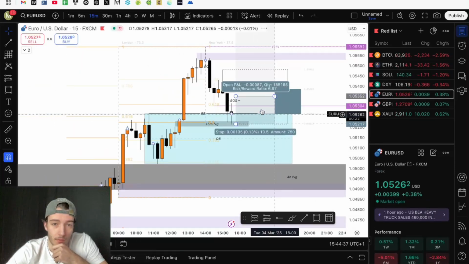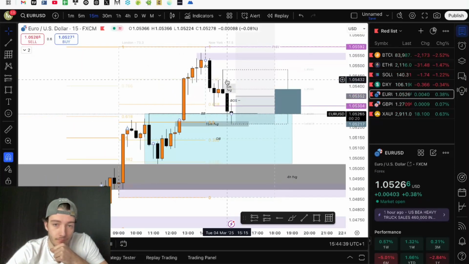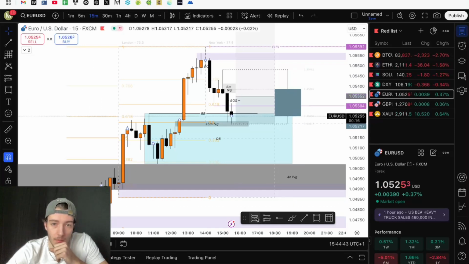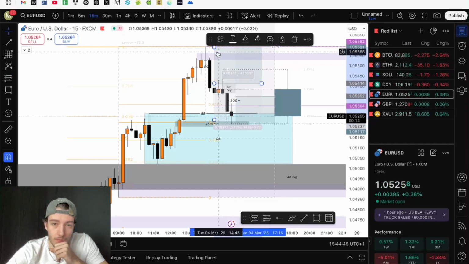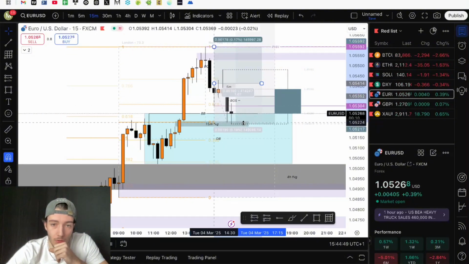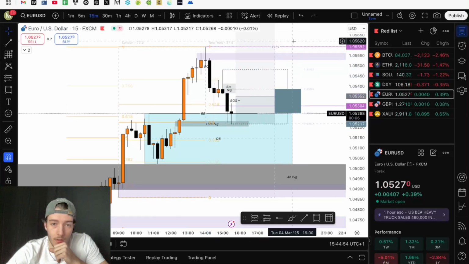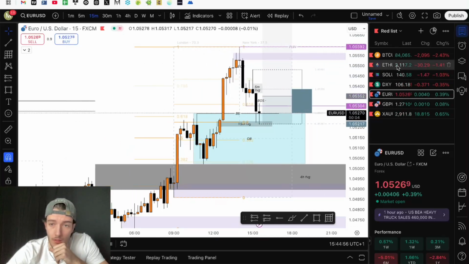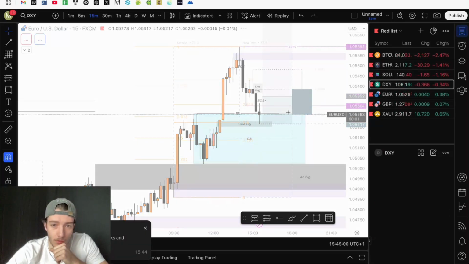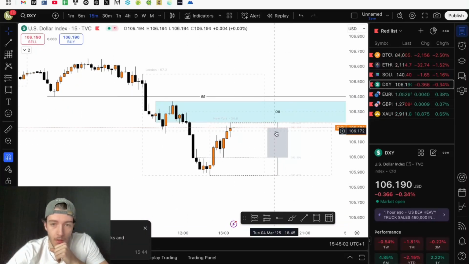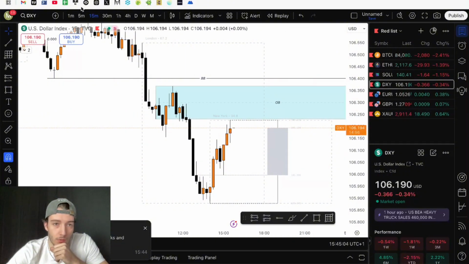And on Euro I could have shorted, but it wouldn't have been a nice risk reward. So we would just get a 1-to-1. So far we would have gotten a 1-to-1, but I'm happy I did not short at the open of New York session. Still patiently waiting for this reversal.